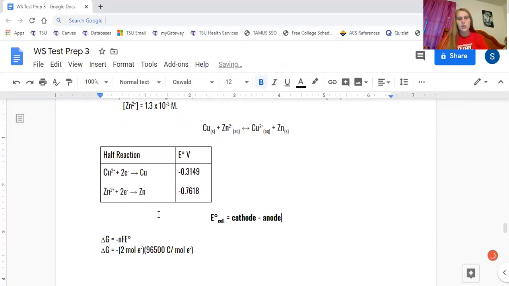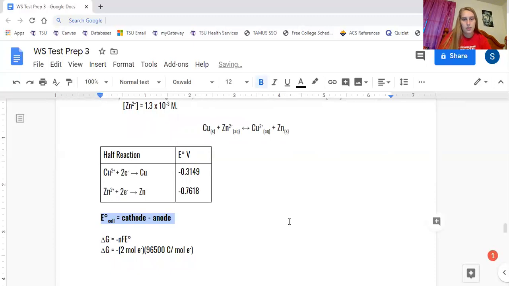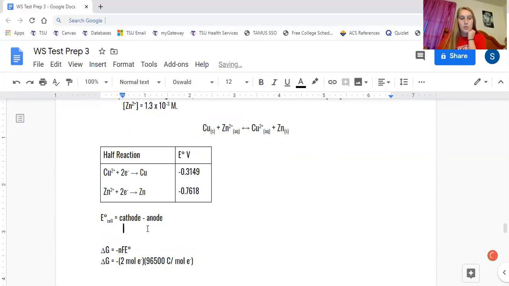The reason you have to subtract cathode minus anode is because whenever they give you the values in the table, the anode equation is going to be backwards. If you don't want to remember this, you honestly don't have to. You just add them together with the equations in the right direction.